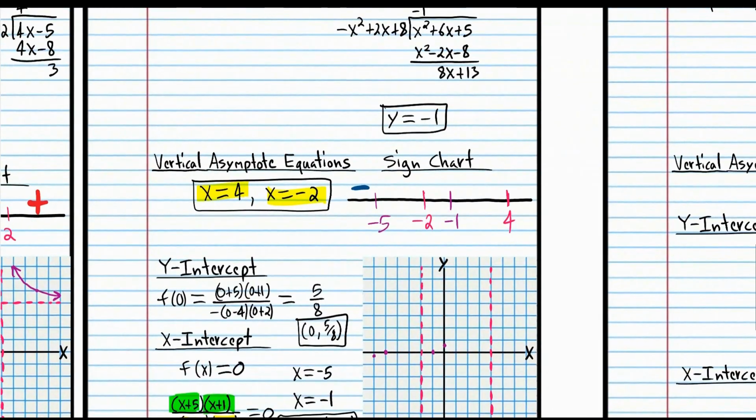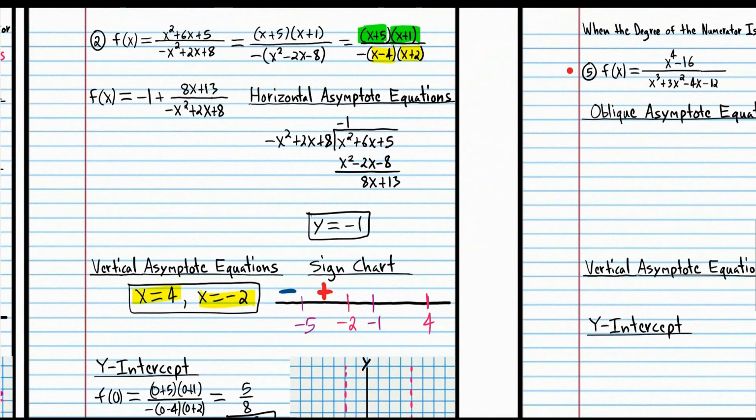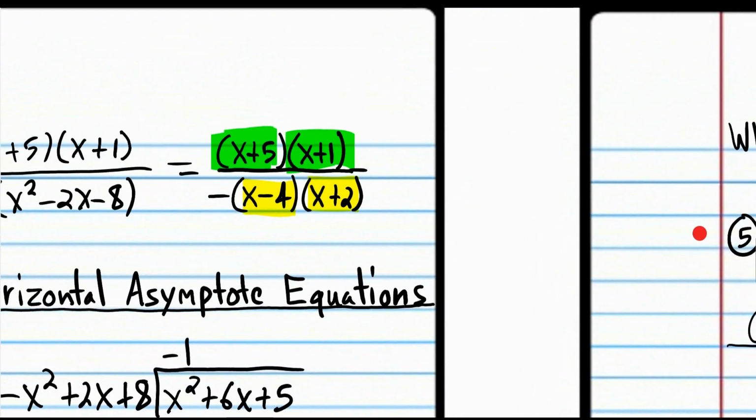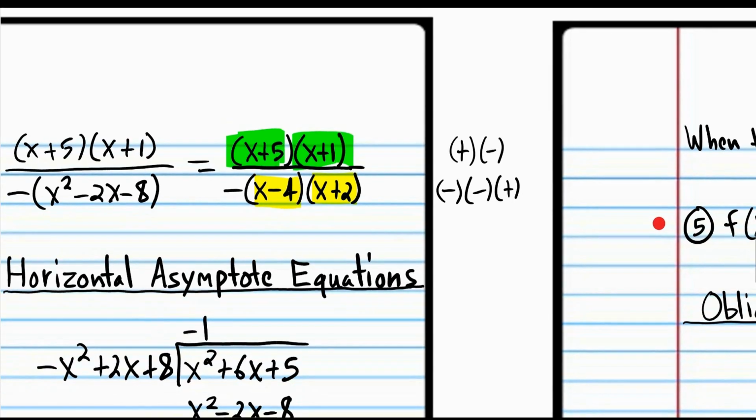If we plug in -3, we get a positive number. And if we plug in -1.5, we get a positive times a negative, divided by a negative times a positive.